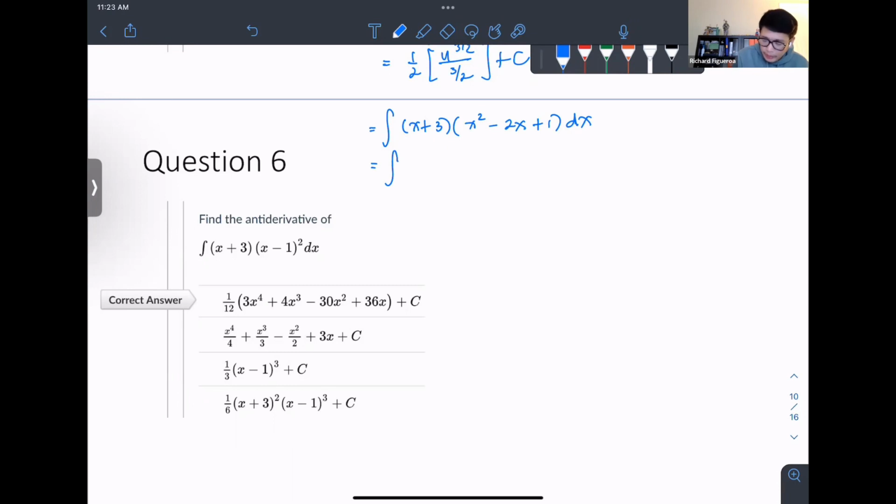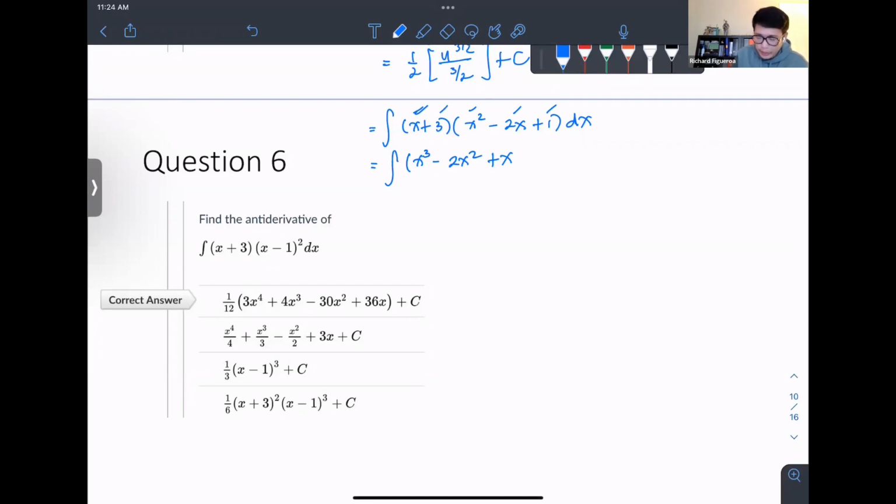So x multiplied with x squared will have x cubed. Then x multiplied with negative 2x, I'll have negative 2x squared. Then x multiplied with positive 1 will have plus x. So x cubed minus 2x squared plus x. And then the second one, I'll start with the 3.